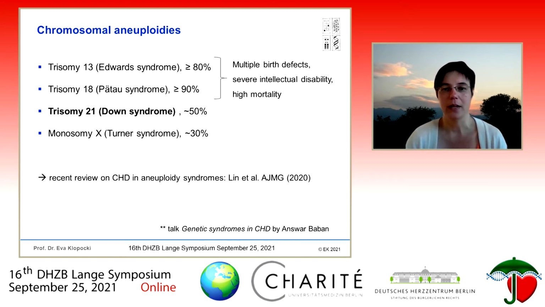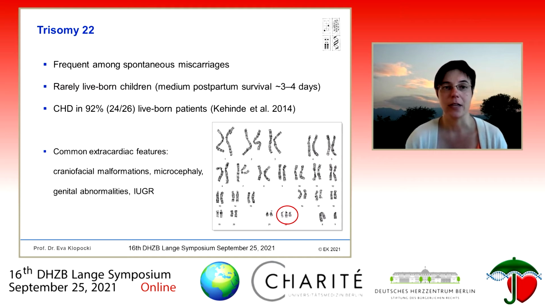I want to show one actually rare trisomy, which is not on this common trisomy list. This is the trisomy of chromosome 22, which we observe frequently upon spontaneous miscarriages, rarely in live-born children. They usually die if they are born within the first days of life. Anyhow, I wanted to show this example because there is a high incidence of cardiovascular defects.